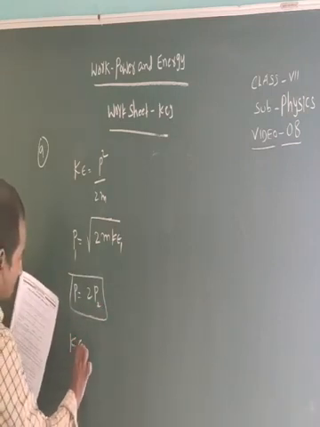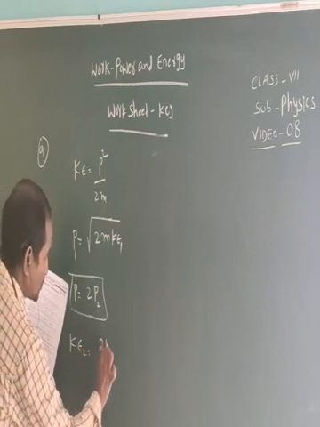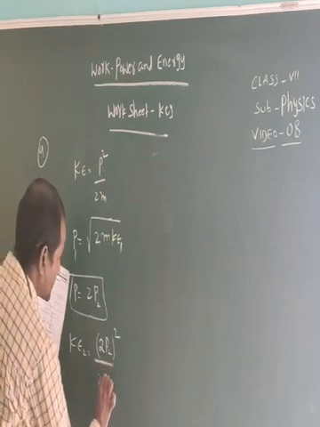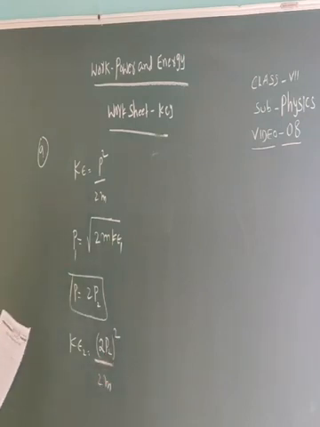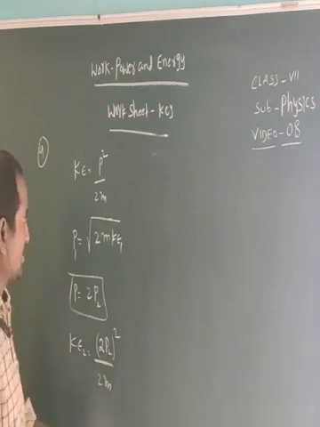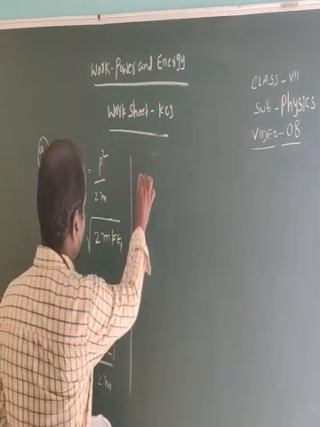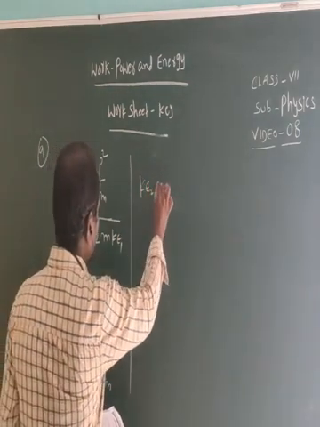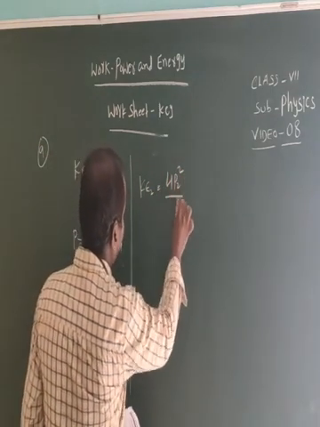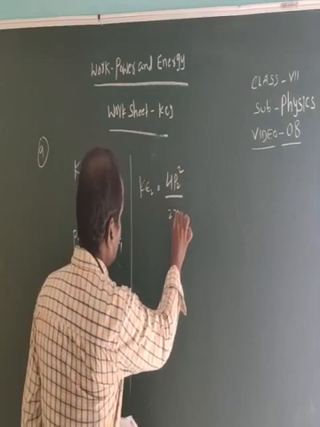So here K2 equals (2P1) whole square by 2m. Momentum increased by 2 times means doubled as 2P1. So K2 equals 4 P1 square by 2m.